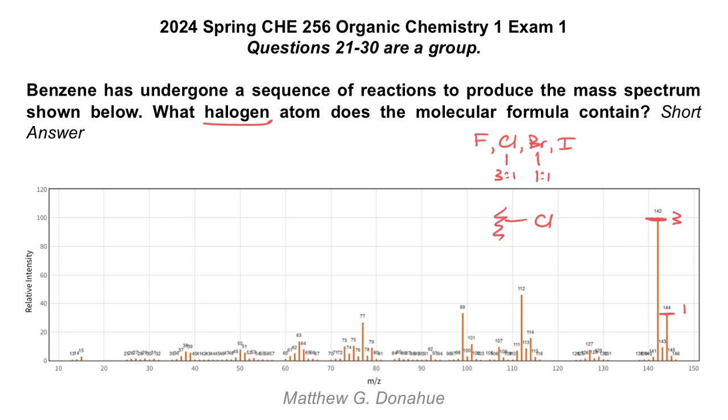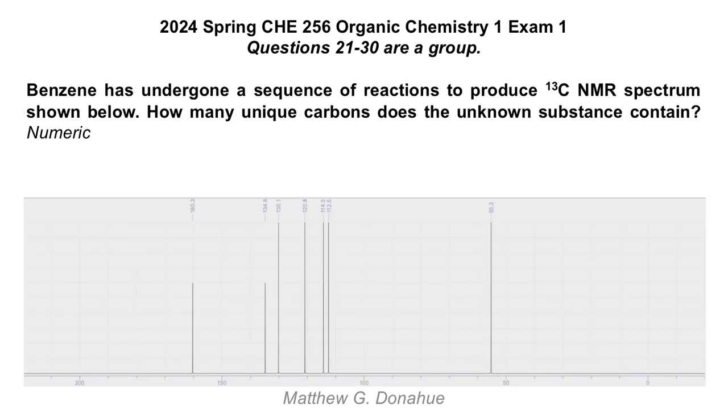So you have a chlorine fragment, that's 35 atomic mass units, for the 142 parent. And then for the 144 parent, that's M plus 2, that has the 37Cl. Again, that's what the 3-to-1 ratio means. How many unique carbons does the unknown substance have?